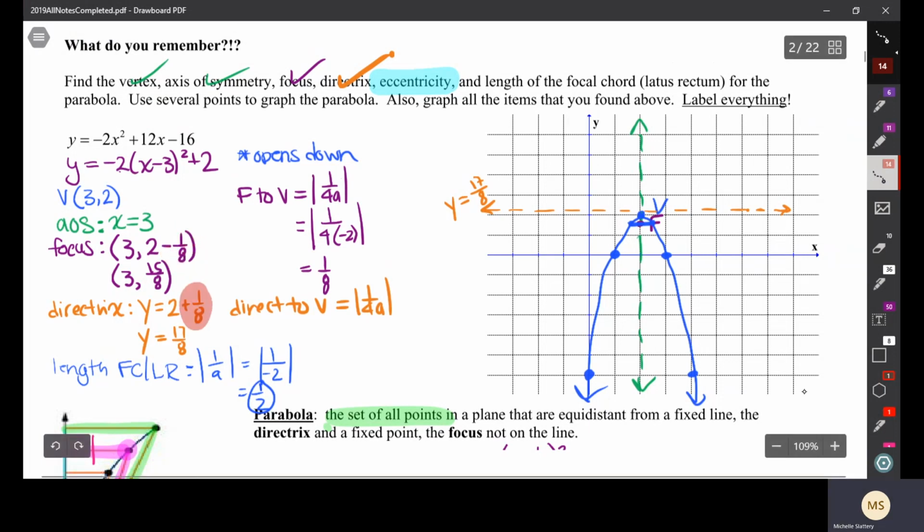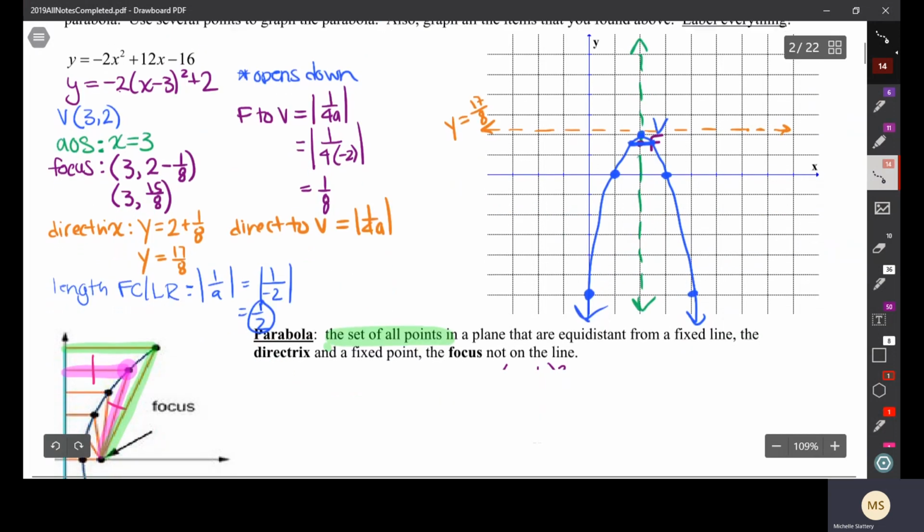For the directrix, I added 1/8 because it opens down, so the directrix is on the opposite side of the focus, behind the parabola. Remember that the directrix is a line, so y equals 17/8. The length of the latus rectum, formula here, is the absolute value of 1 over 4a, and we get 1/2. Eccentricity is also equal to 1, and I'll talk about that in just a moment.